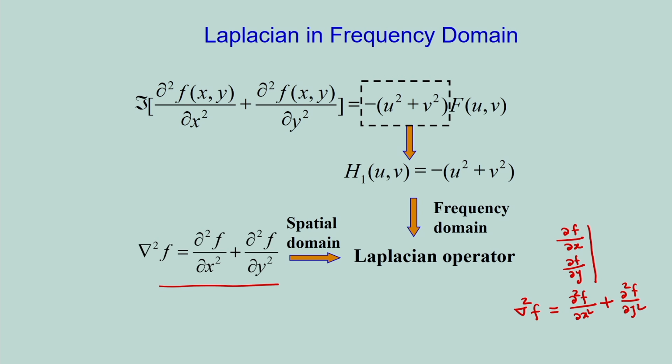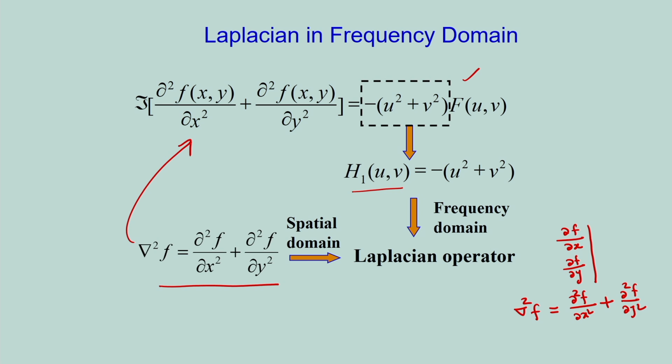So corresponding to this Laplacian, if I take the Fourier transform of the Laplacian, then in this case you will be getting this one, minus (u square plus v square) F(u,v). F(u,v) is the Fourier transform of the input image. Then in this case, what is H1(u,v)? That is nothing but minus (u square plus v square).